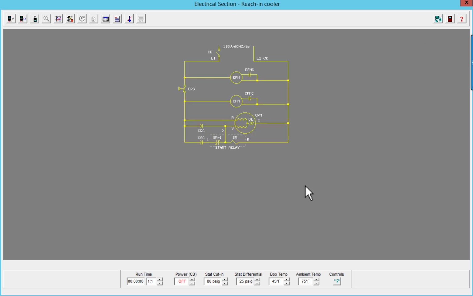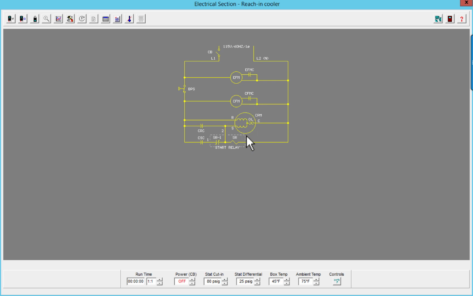When we look at the schematic of the system, it's a basic ladder schematic. Your circuit breaker is right here. L2 is actually neutral because this system plugs in. Our evaporator fan motor is a PSC motor. Our condenser fan motor is a PSC motor because we have a run cap.